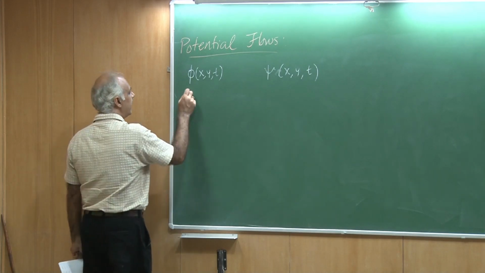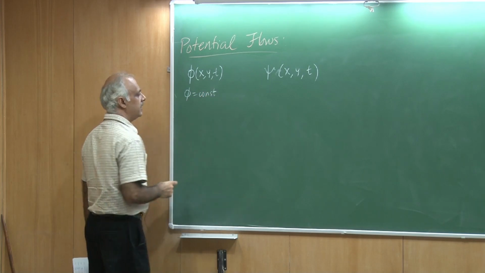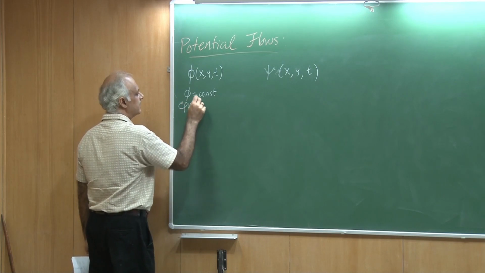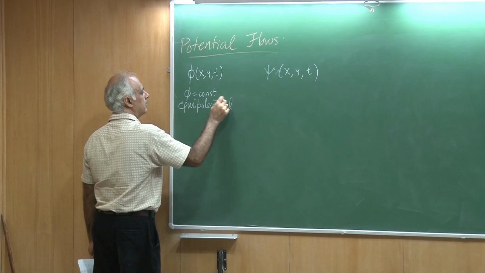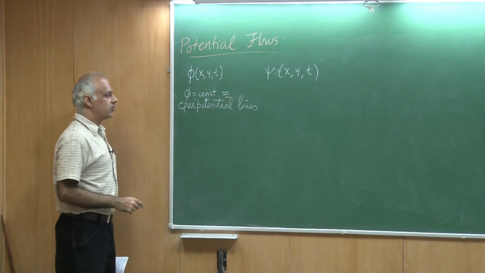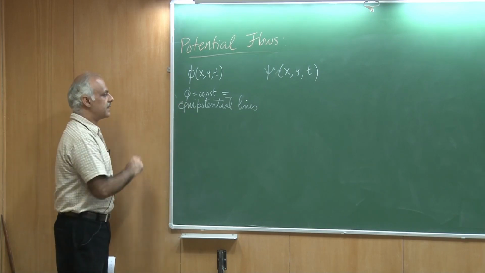We are going to say that phi equal to constant. If I draw these lines, they are called equipotential lines. So, lines along which phi is constant, they are given this special name.